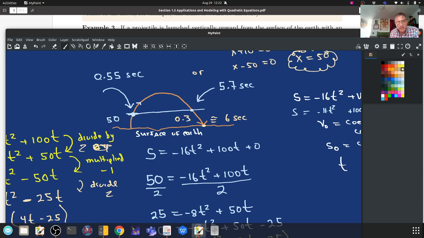But here it takes 0.55 seconds. The reason being is it's accelerating. Gravity's trying to keep it on the Earth. It's accelerating against gravity going in this direction. So it takes longer. Here it's more or less in free fall, we think. It is in free fall. So gravity is pushing it along and hurrying it along.